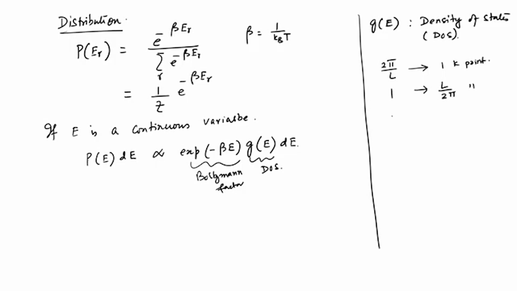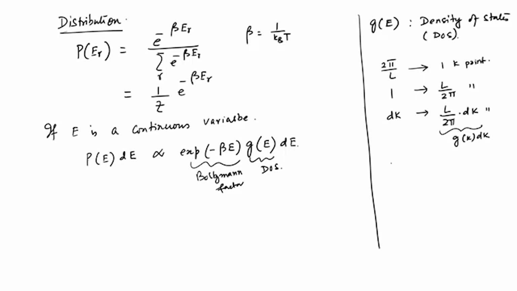If you move a distance dk, that is, you want to find out how many K points there are between K and K plus dk, then we will get L over 2 pi into dk number of K points, and this is the density of states which we call G(k) dk. And we will convert it into G(E) dE by using the dispersion for a given system.